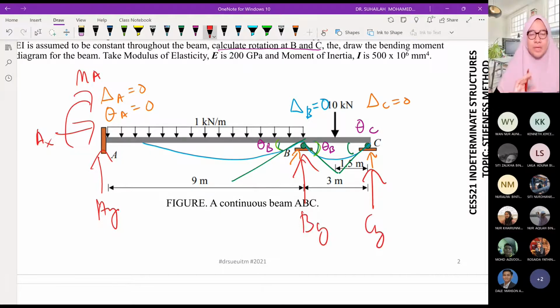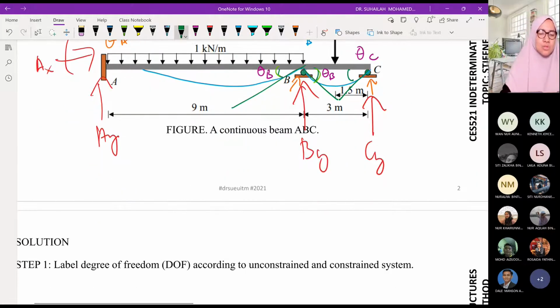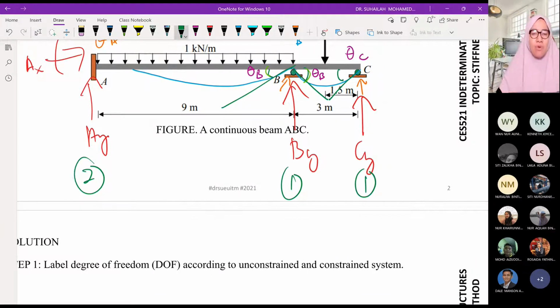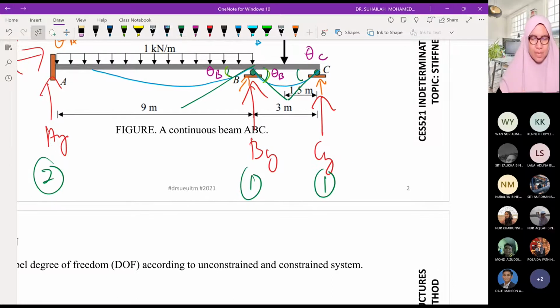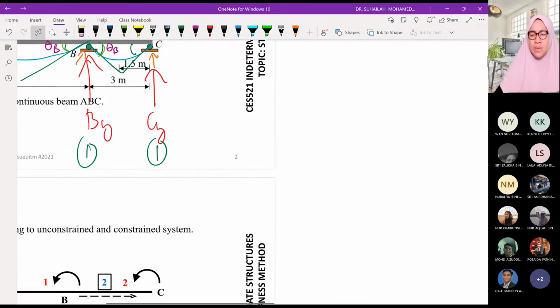So we count the reactions at the supports as 5, because we include AX at the fixed support. But for a beam in the stiffness method, we don't have to count the X component. So we get 2 at the fixed support and 1 at each roller.